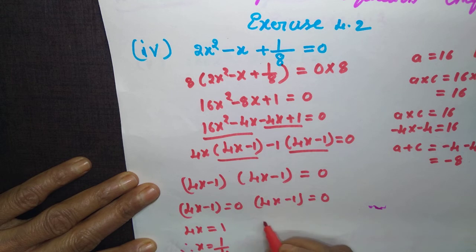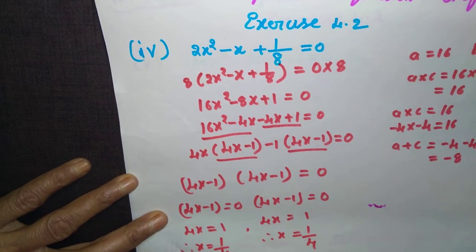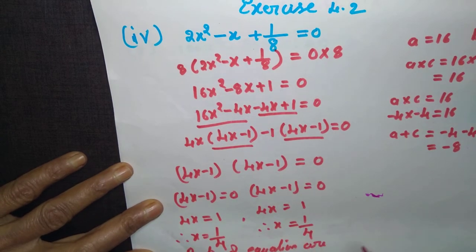Here also you will get 4x is equal to 1, therefore x is equal to 1 by 4. What are the roots here? Roots of the equation are 1 by 4, comma 1 by 4.